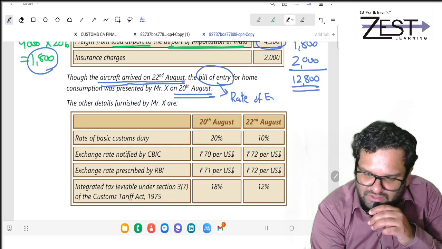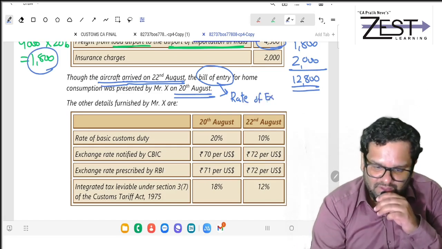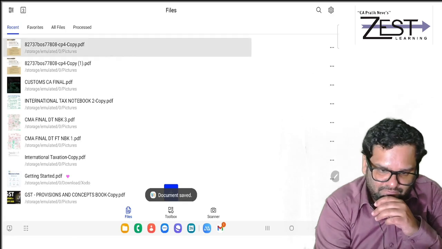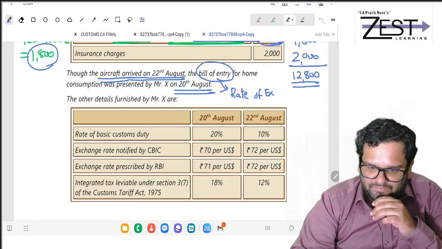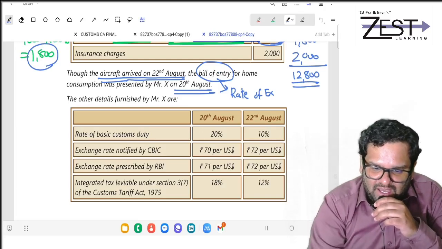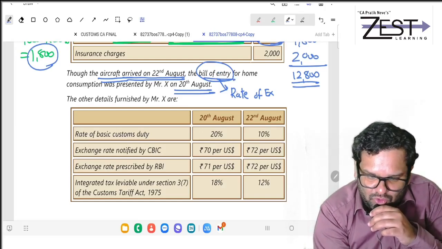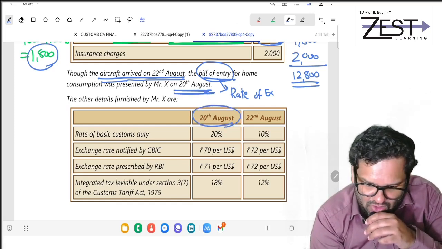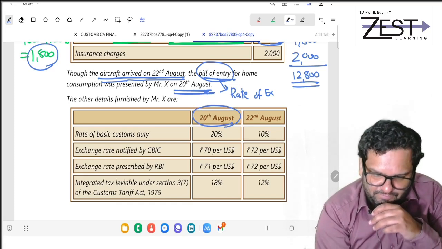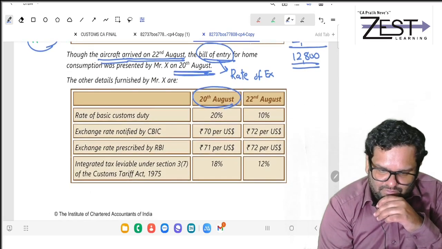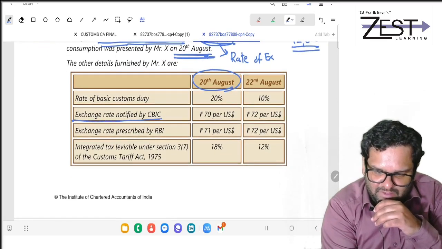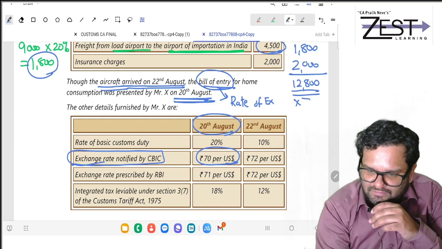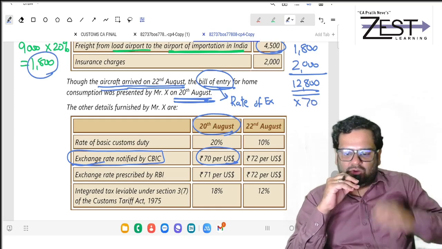So what rate of exchange are you taking? Rate of exchange you are taking as on bill of entry for home consumption, that is 20 August. Exchange rate notified by CBIC is 70. Did all of you get 70?